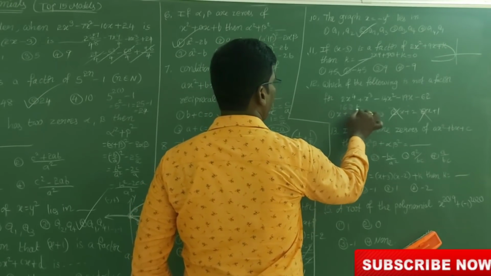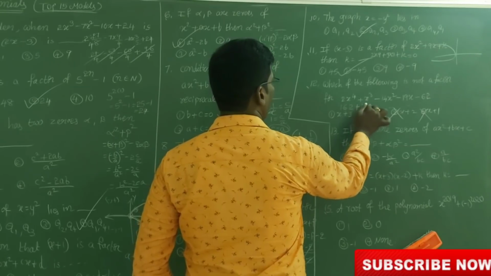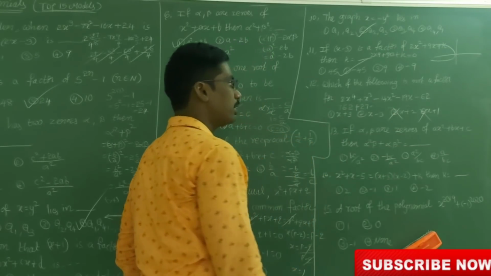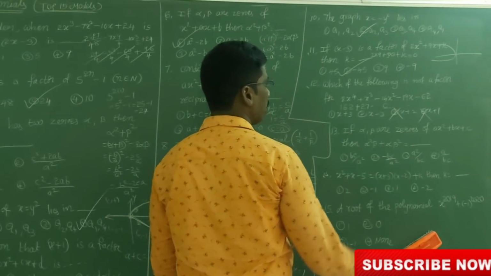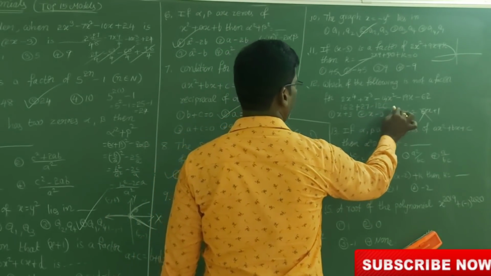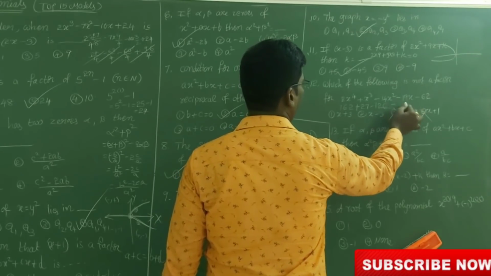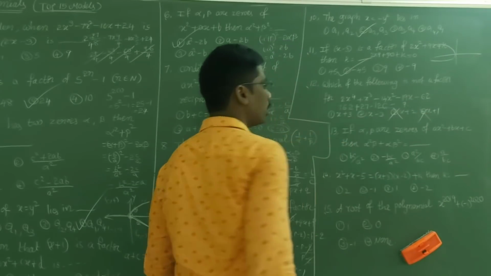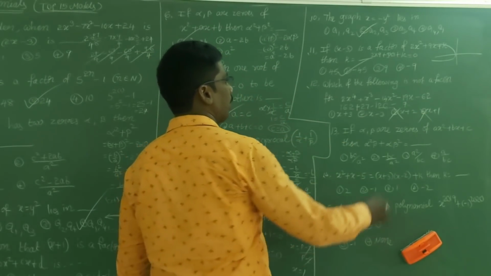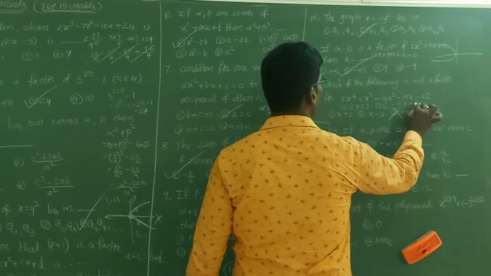Next, 3 cube means 27, minus 3 square means 9. So 9 4s are 36. 3 9 1s are 9. 12 minus 126. Again minus 9, 3 9s are 27. 9 3s are 27. 2 3 1s are 3 plus 2 is 5, minus 62.